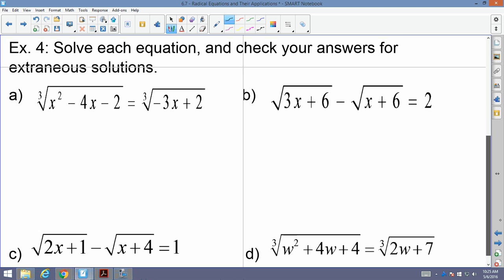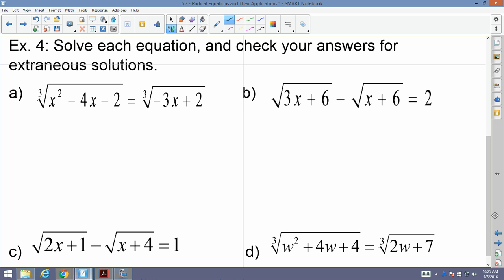Okay. Number 1, we got the cube root of x squared minus 4x minus 2 equals the cube root of negative 3x plus 2. How do I cancel out that radical, that third index of the radical? You cube both sides. Very good.